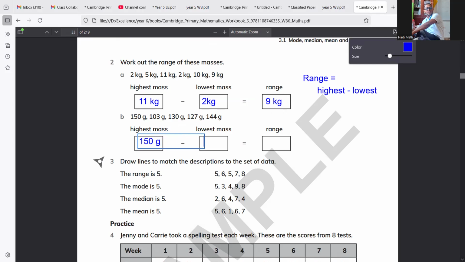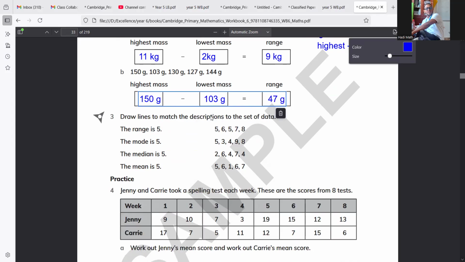Minus the lowest one, which is 103 grams. When you subtract, the result is 47 grams. Remember, the most important thing: range is equal to the highest minus the lowest.